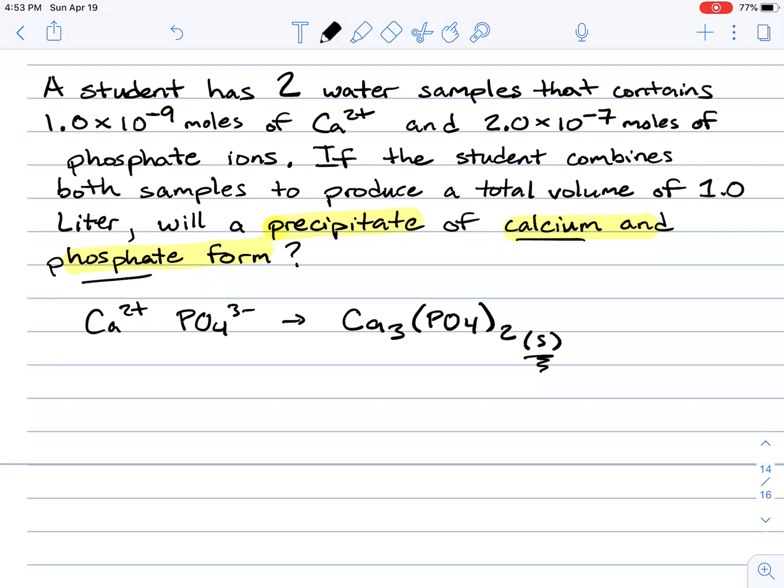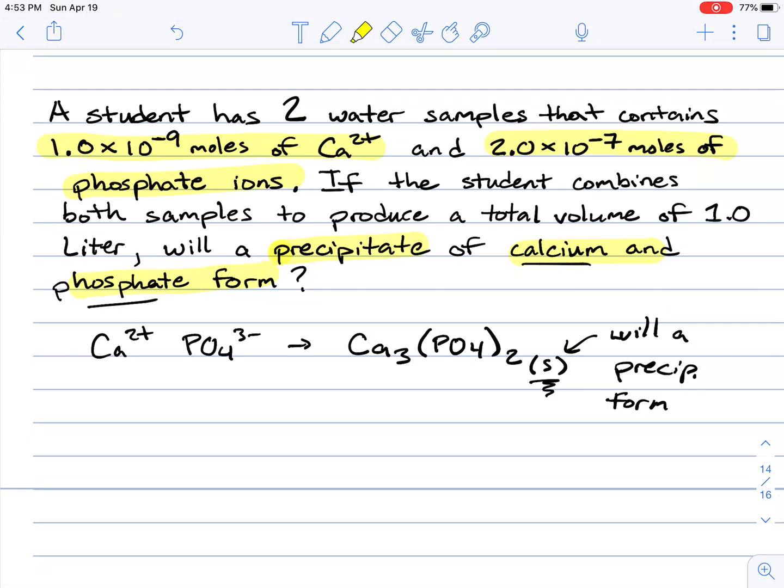So we're going to ask ourselves, will a precipitate form, under the condition that we have this number of moles of calcium and this number of moles of phosphate ions?